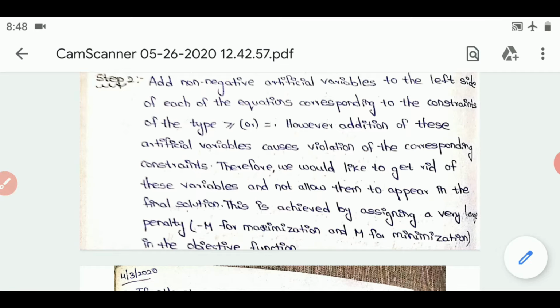The only difference between Big M and simplex is adding the artificial variable, and the remaining process is the same as how we solve the simplex problem. The same methods will be followed here in the Big M also.